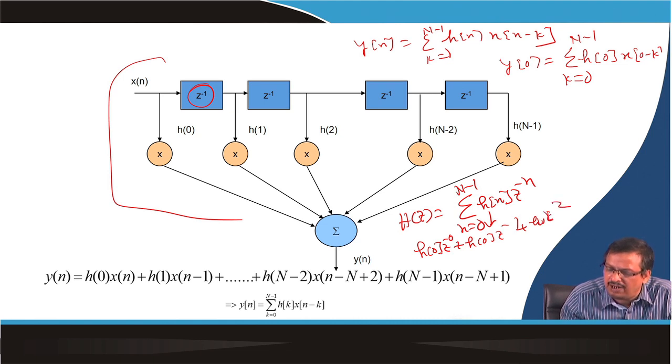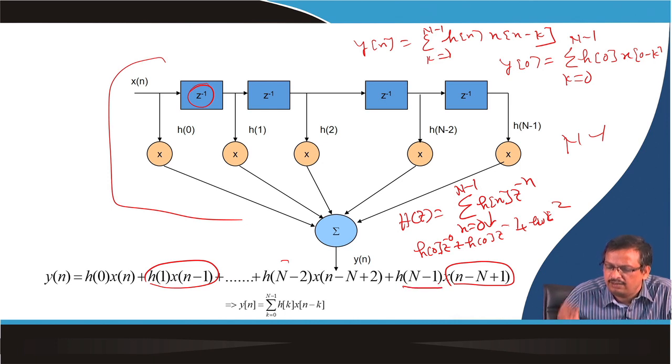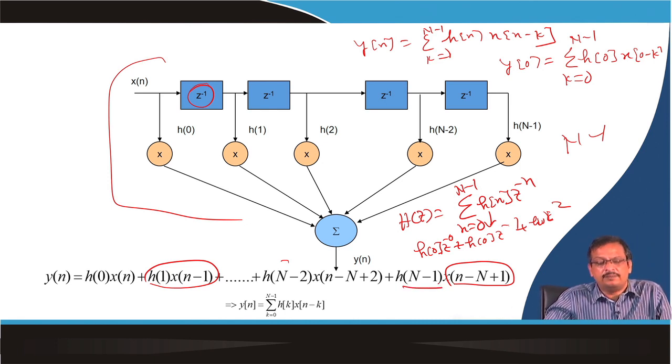So z to the power minus 1 means one sample delay, minus 2 means two sample delay, minus n means n sample delay. It varies up to n minus 1, so the last term is an n minus 1 sample delay.